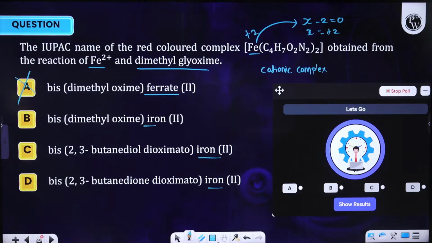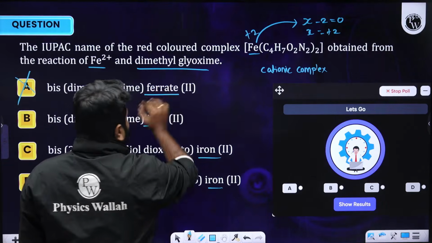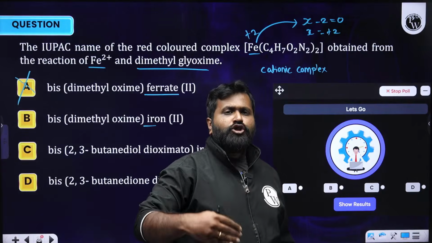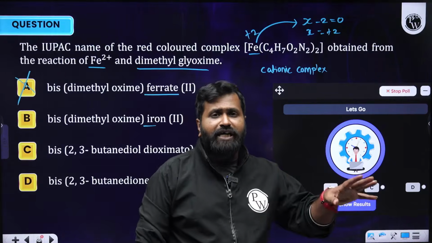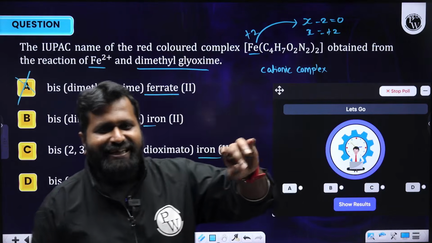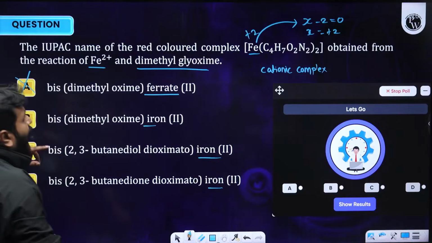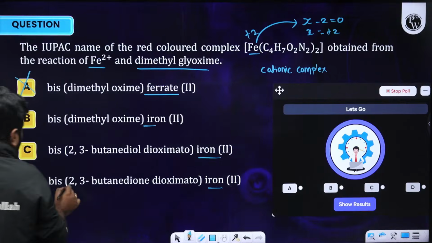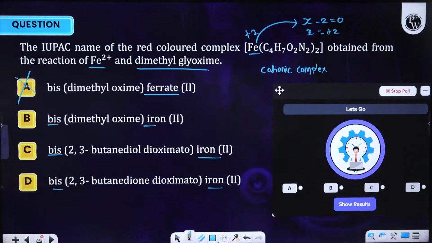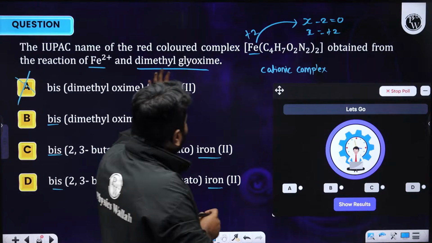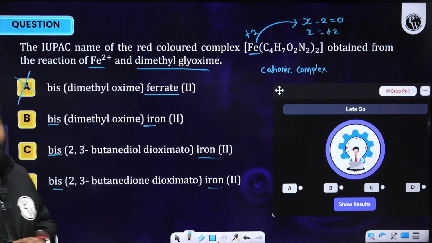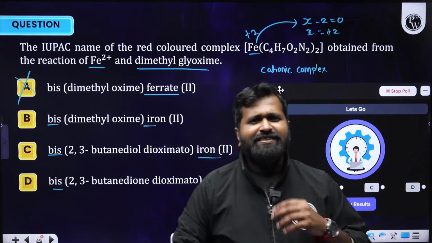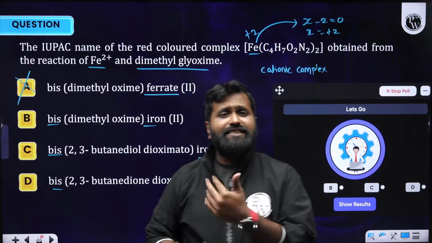Now, the ligand name is dimethyl glyoxime. That means the ligand name itself has numerical prefixes like di, tri, tetra, so we will be using bis, tris, tetrakis, all these things. Now, how many dimethyl glyoxime are there? 2 are there, so bis should come. Now tell me, ligand name dimethyl glyoxime, can I call it like that only? No, we have certain rules, right? For the ligand CN, cyanide, we call it cyano.